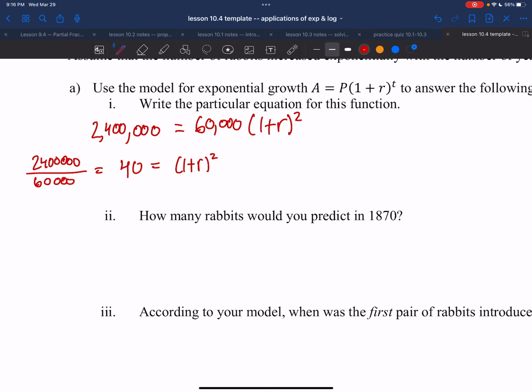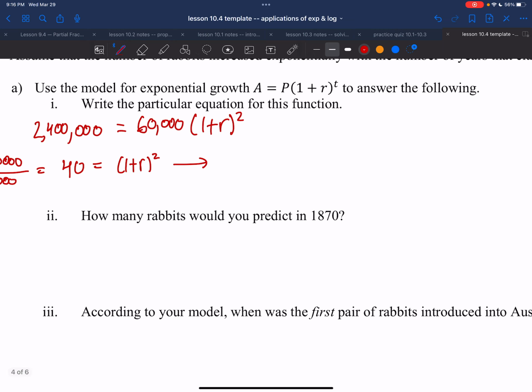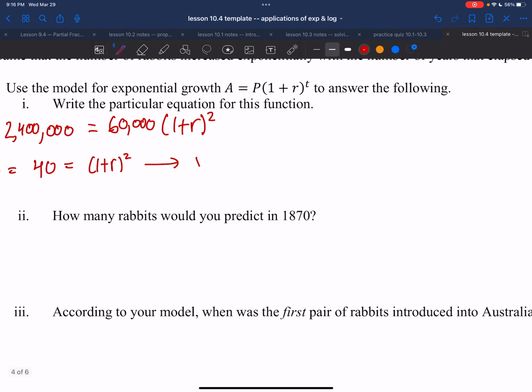Now, how do I find r? Well, that's like a quadratic, isn't it? That's (1 plus r) squared. It's already a perfect square. We know that we can take the square root of both sides. If you want, I'll write it like that. Square root of 40 equals square root of (1 plus r) squared.